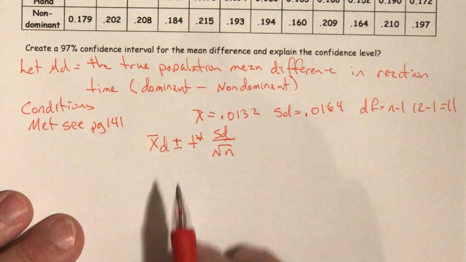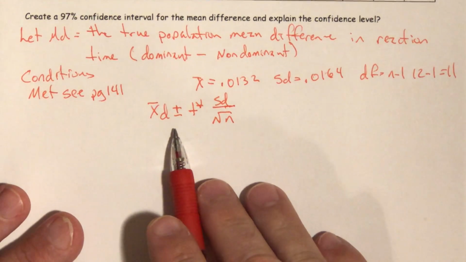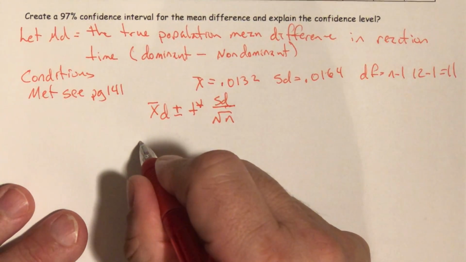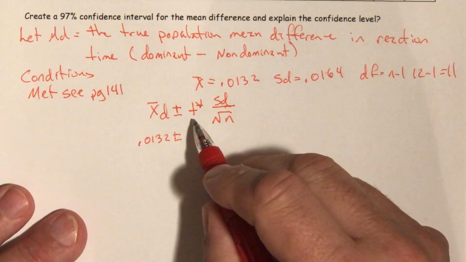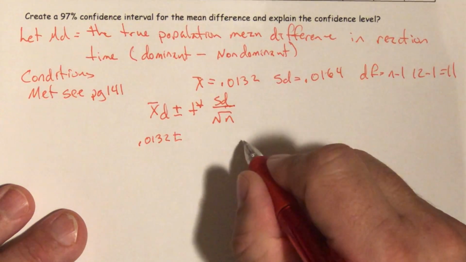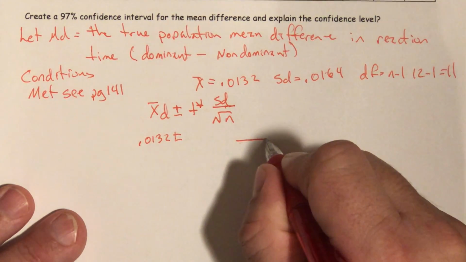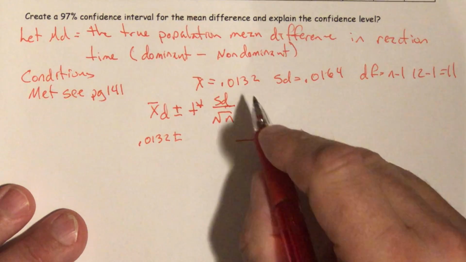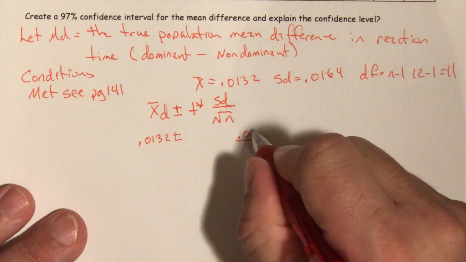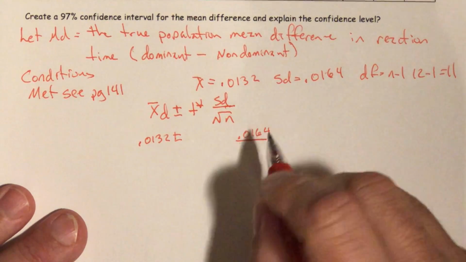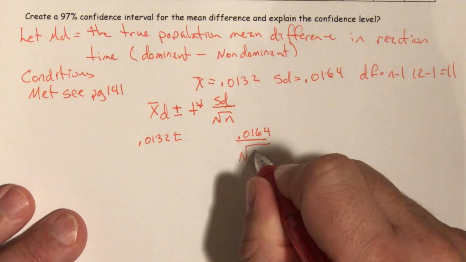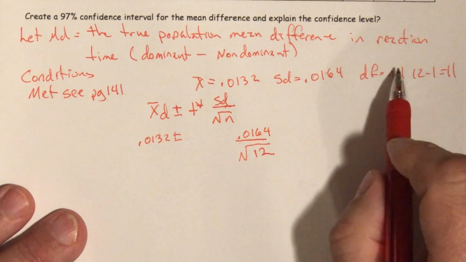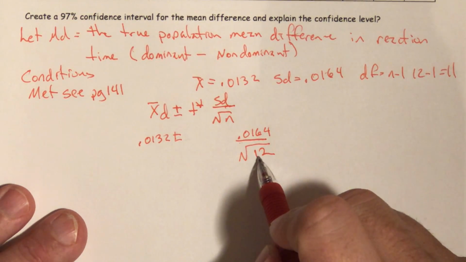Plugging in what we know, the difference is 0.0132 plus or minus t star, which we'll leave a space for since we don't know it yet, times 0.0164 divided by the square root of 12. Not the square root of the degrees of freedom, the square root of the sample size.